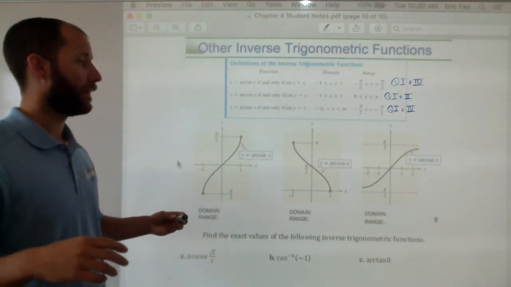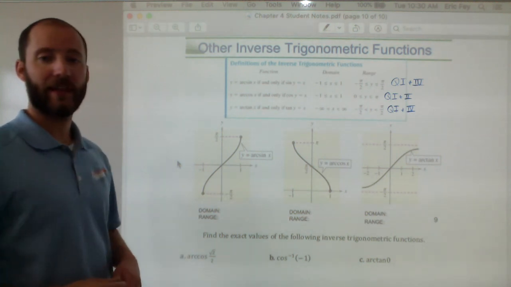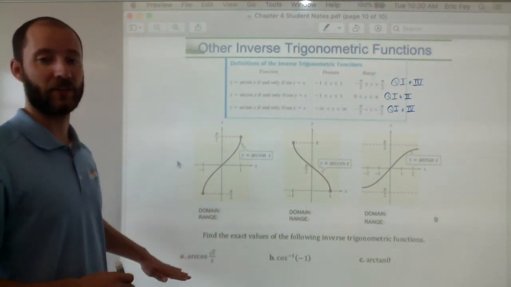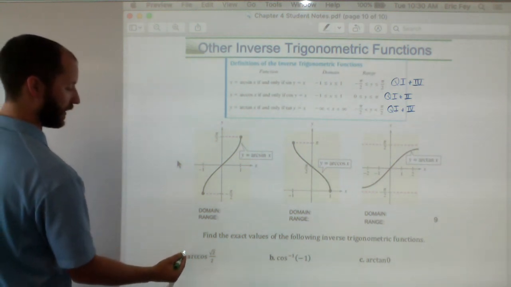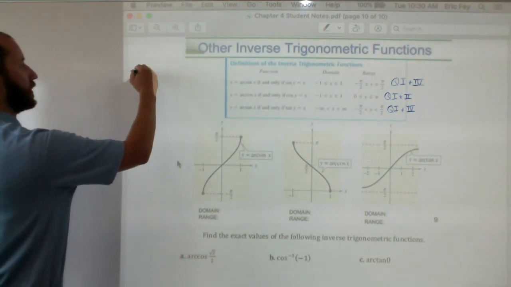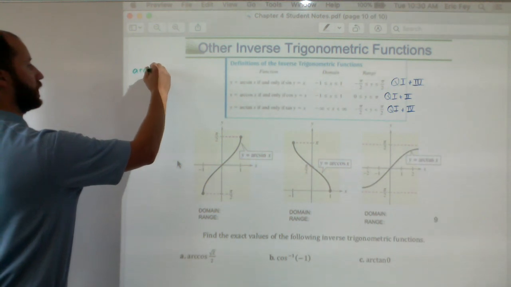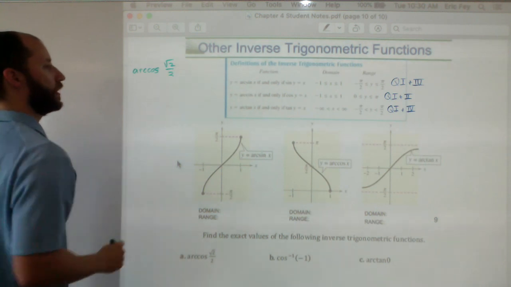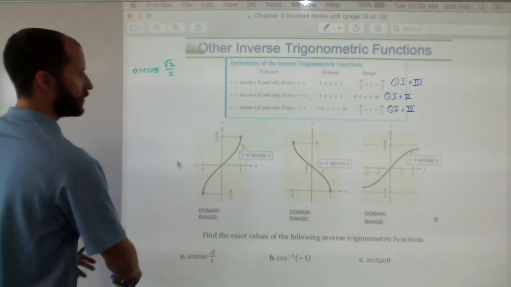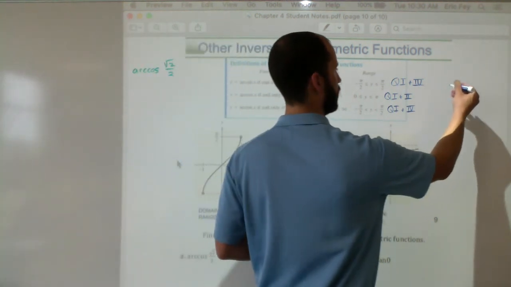So, let's take a look at a couple of these down here. So let's look at example A. Arc cosine of root 2 over 2. I'm going to kind of redirect up here so I can write a little more easily. Arc cosine of root 2 over 2. So think about your unit circle.